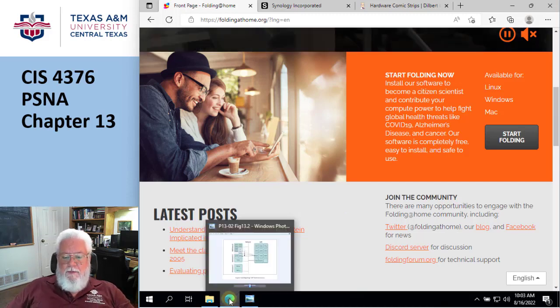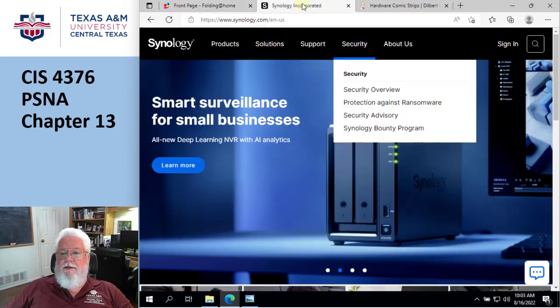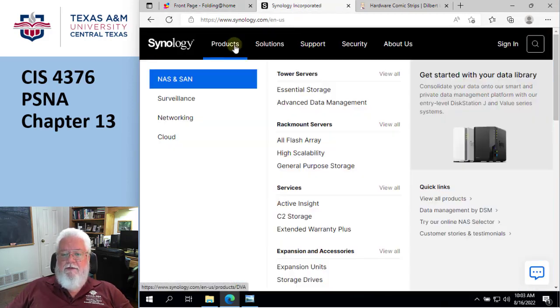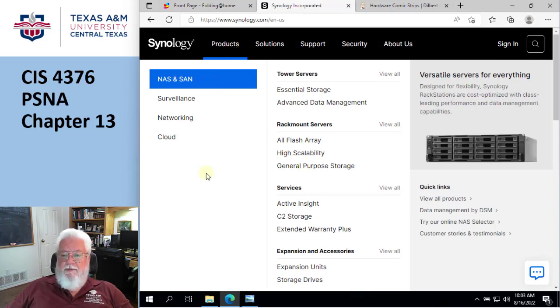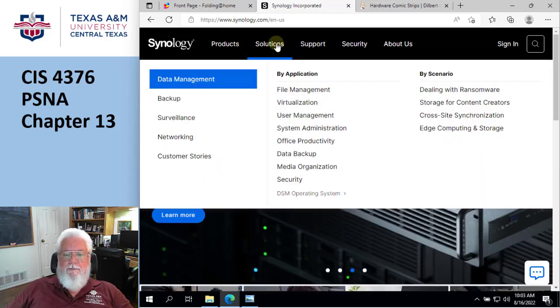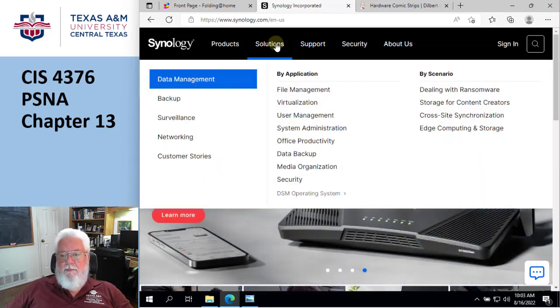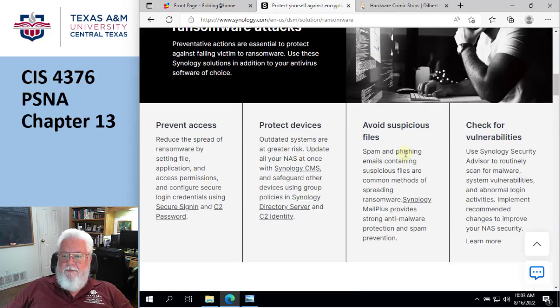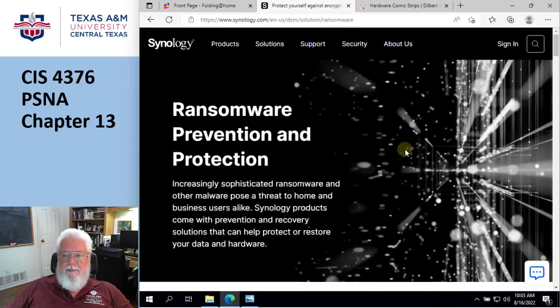Okay, so the idea is that Synology makes these, they have an awful lot of these network attached storage devices. I like this whole concept. There's lots of designs for people at home, right? That kind of works. They have a little scenario dealing with ransomware, how they can solve your problems by backing up all your stuff.